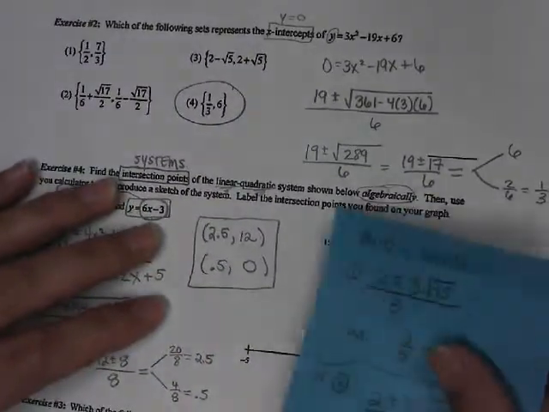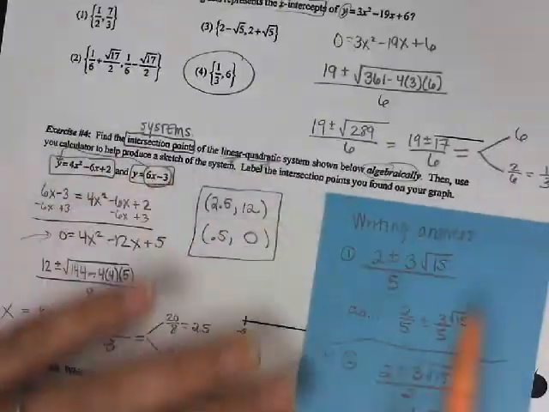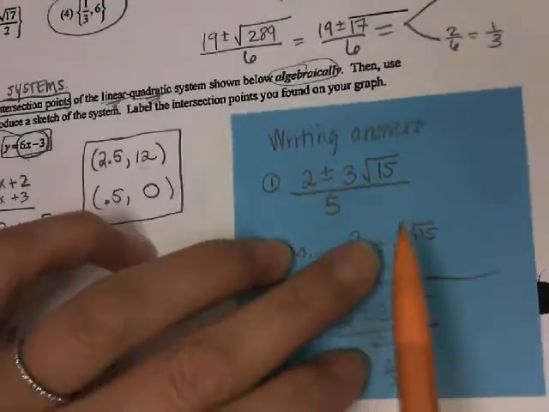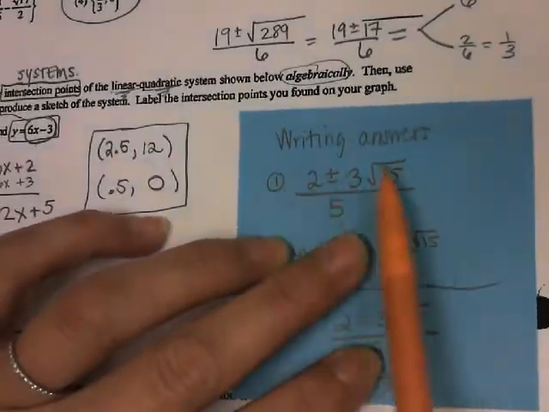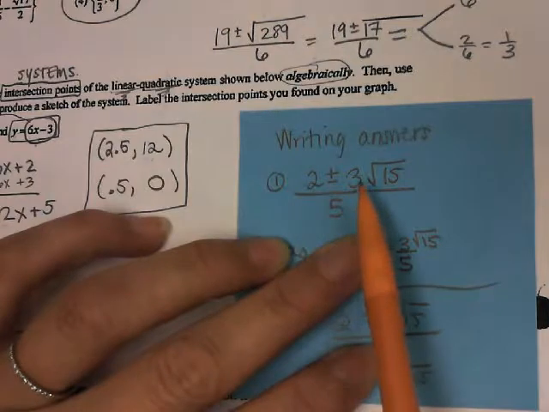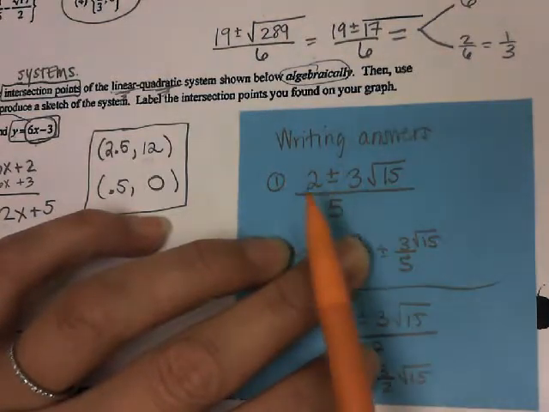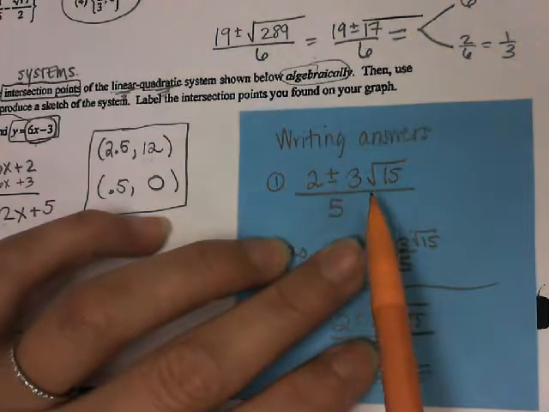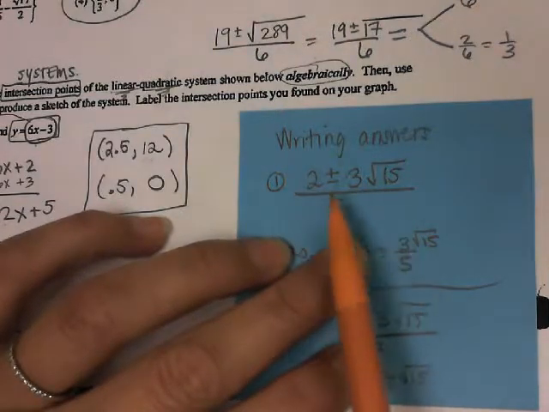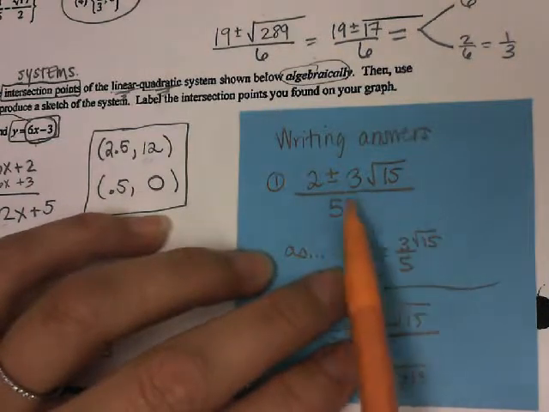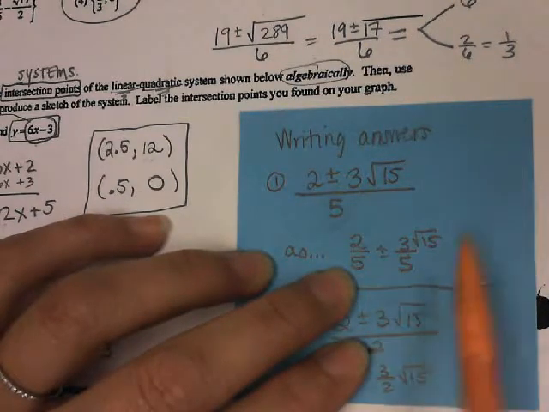Another thing, and I'll throw this sticky up here that I want you to pay attention to: sometimes, and it hasn't happened yet, which is why I wanted to point it out, you get your answer for the quadratic formula and it looks like this, and 2 and 3 are not divisible by 5, then this could be your final answer. Or sometimes you'll see them still split it up. You'll see them put the 2 over the 5 plus or minus the 3 root 15 over the 5.